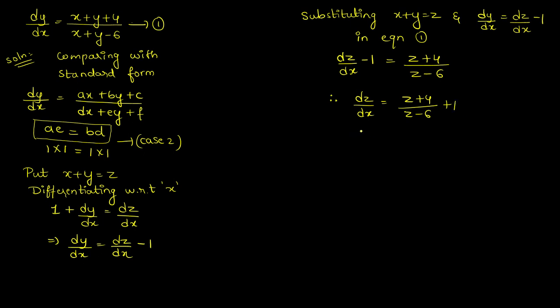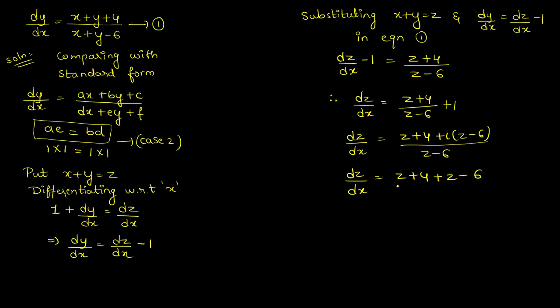When you simplify this further, dz by dx will be equal to z plus 4, taking LCM, plus 1 times z minus 6, divided by z minus 6. Now simplify this further. z plus 4 remains as it is, plus 1 times z is z, and minus 1 times 6 is minus 6, whole divided by z minus 6.